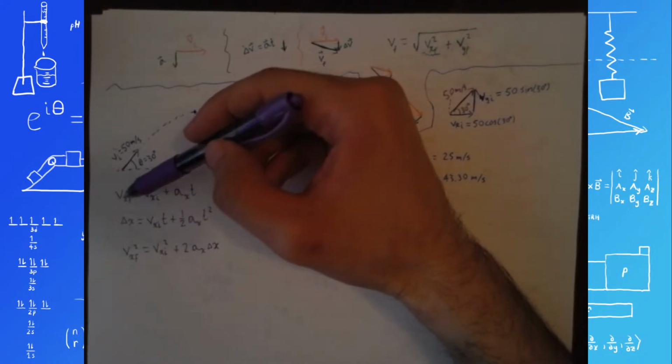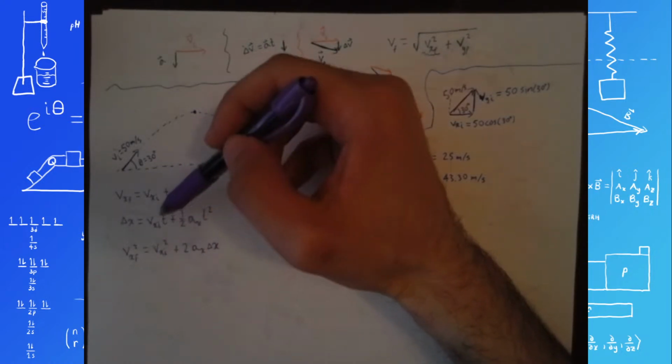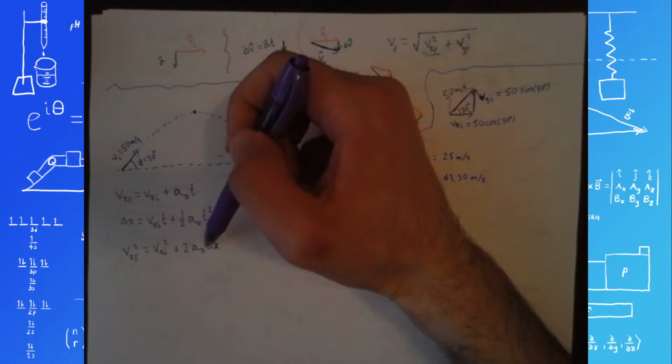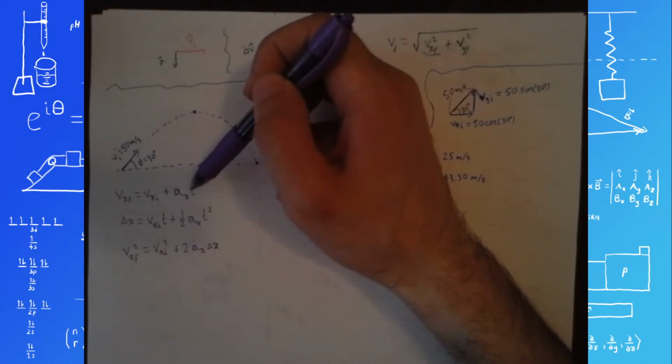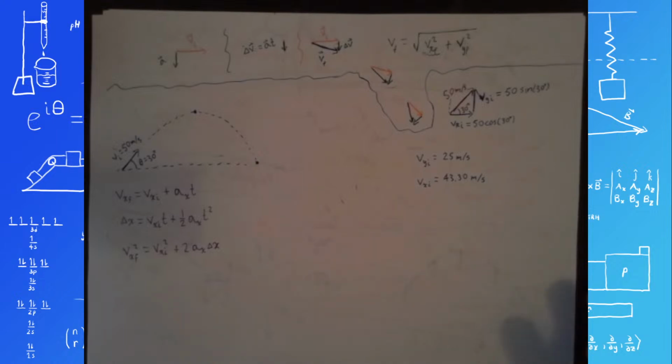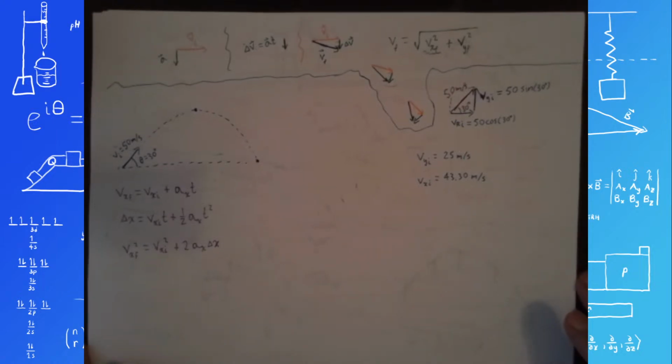Only thing to note is that we're being very specific about all of our variables involving the x direction here, except for time. Time doesn't really depend on whether you're moving horizontally or vertically. The horizontal and vertical motion are both happening at the same time. You could say they're being tracked by the same stopwatch.